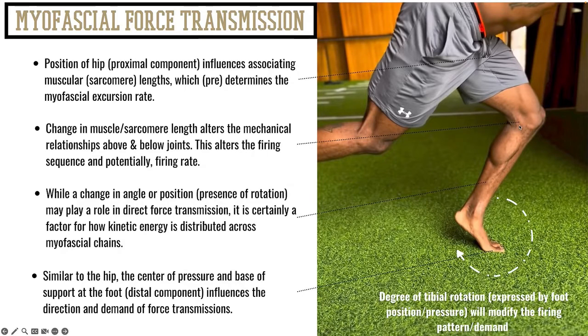When we think about the change in angles, we're then going to have some degree of change in rotation. I touched on it quickly earlier in the slides, but make no mistake about it. The predominant mechanism for force expression is going to be the myotendinous junctions and the longitudinal force summation.